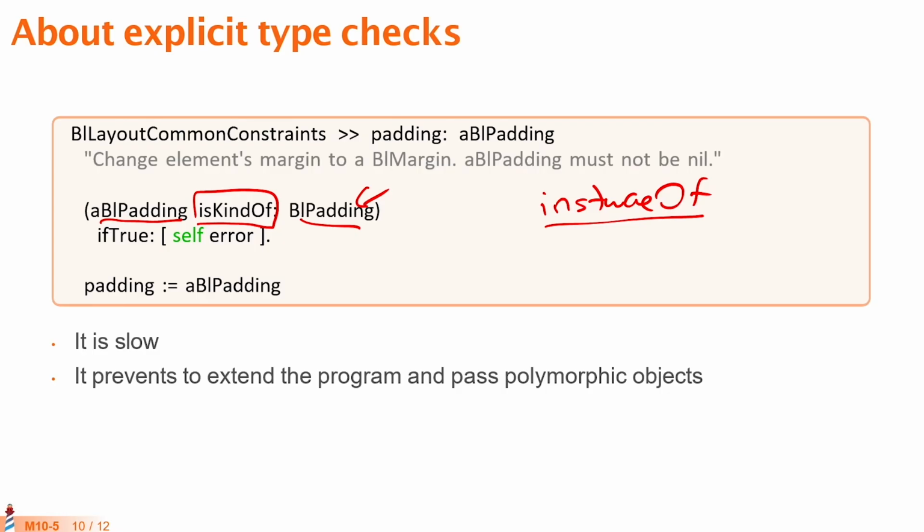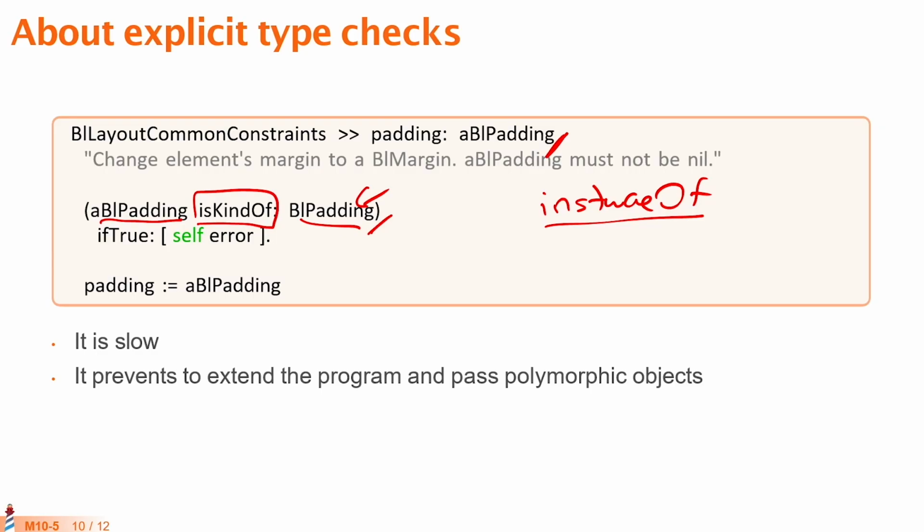One of the other disadvantages of this solution is that it prevents extending the program with polymorphic objects. Imagine that tomorrow I would like to have a different padding, but without sharing the hierarchy of the BL padding. I could implement an object similar to BL padding that has exactly the same interface, understands the same messages, but doesn't inherit from the BL padding class.